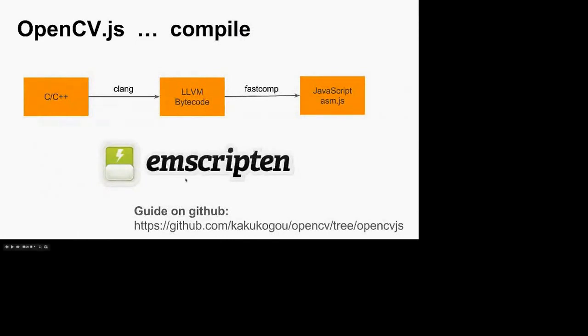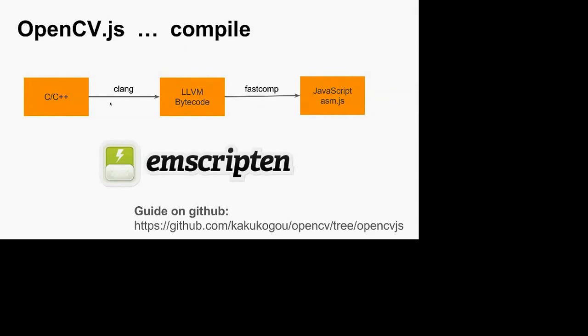So in short, how can you compile OpenCV.js? It's very easy. You just need to download the OpenCV C++ source code base and put it into Emscripten, and then Emscripten will give you the asm.js version. But actually, there are some tricky parts inside.